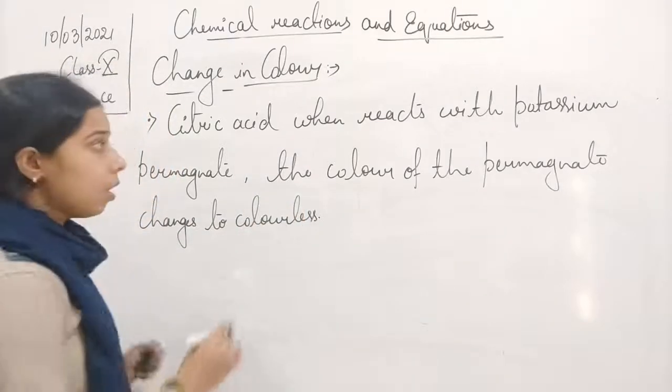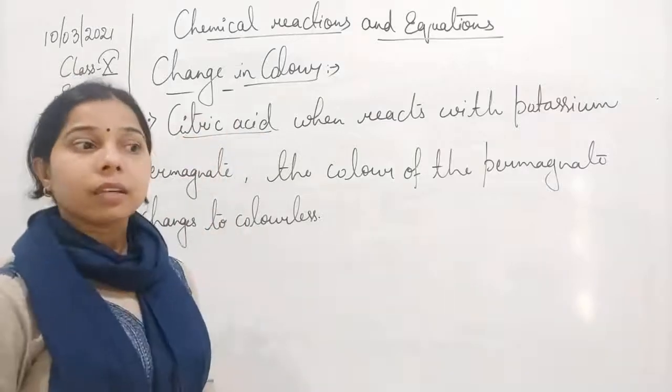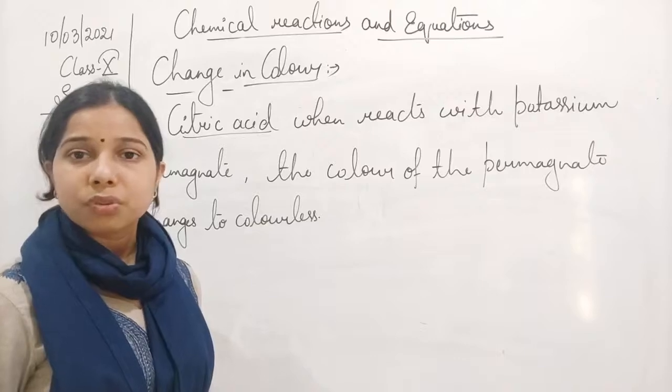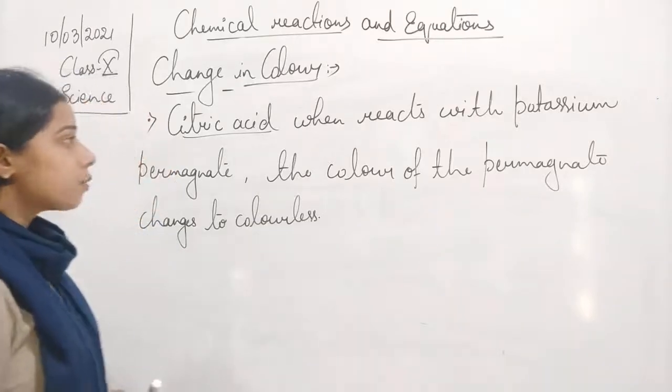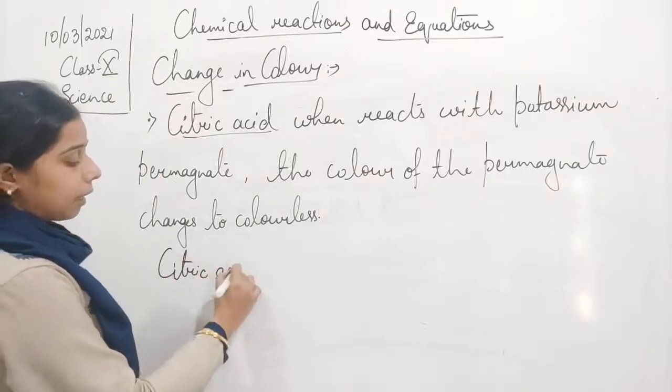It means citric acid, students, any citric acid you take, like even lemon juice also, that is also consisting of citric acid. So when the citric acid reacts with the potassium permanganate.